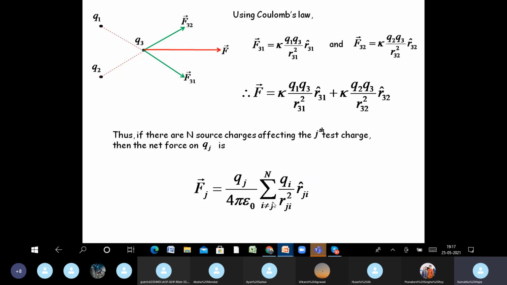Obviously i is not equal to j, because the jth charge cannot exert force on itself, so that you have to leave out. Otherwise, if you do this summation, you will get the net force acting on a test charge by n source charges. So we left at this and we'll pick up from here for today's class.